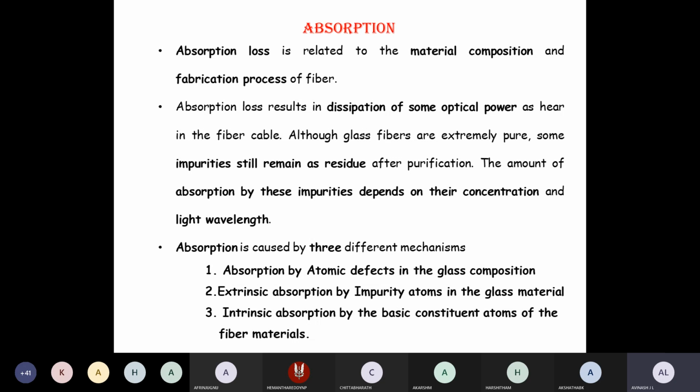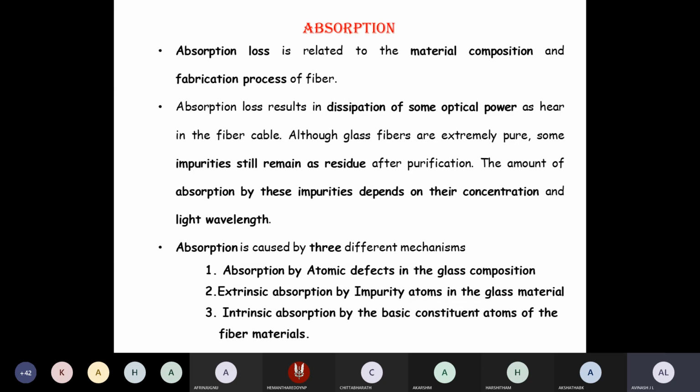So in that case, the amount of absorption by these impurities depends on the concentration of the material we are using and the light wavelength we are choosing. So these are all the depending parameters.